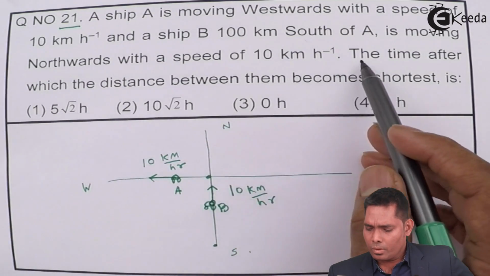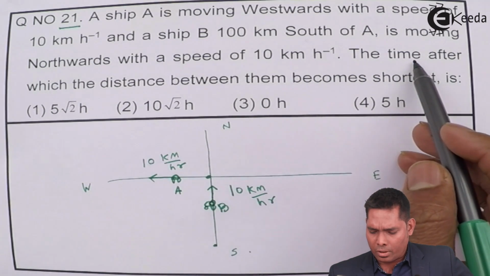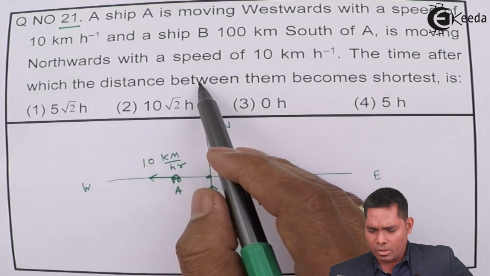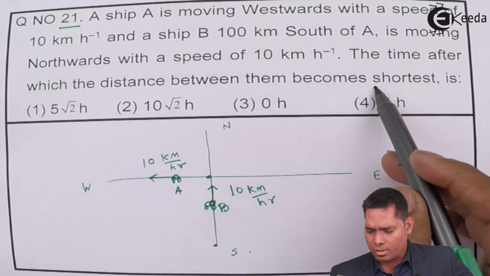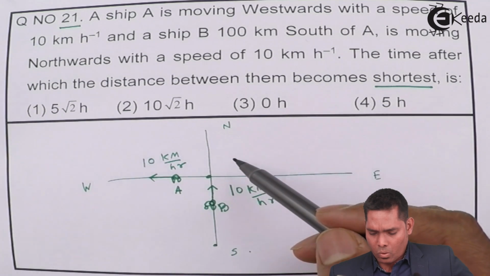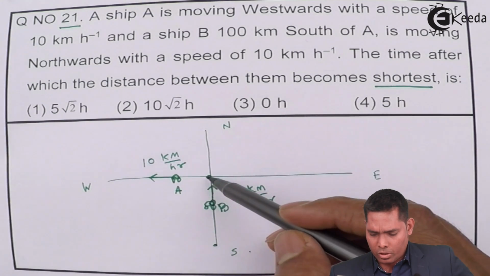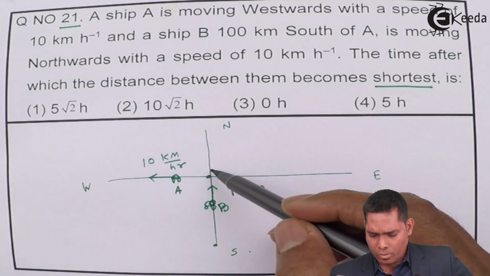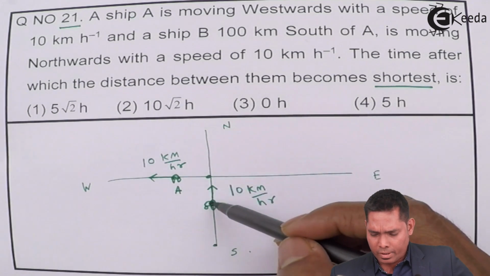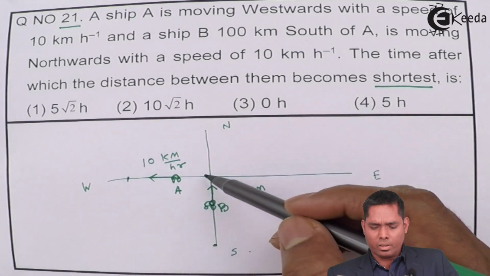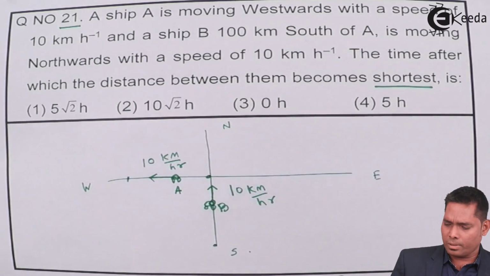The time after which the distance between them becomes shortest is? So this moves this way, this moves that way, and when it is here and when it is somewhere here, that distance is shortest, otherwise the distance will keep on increasing.